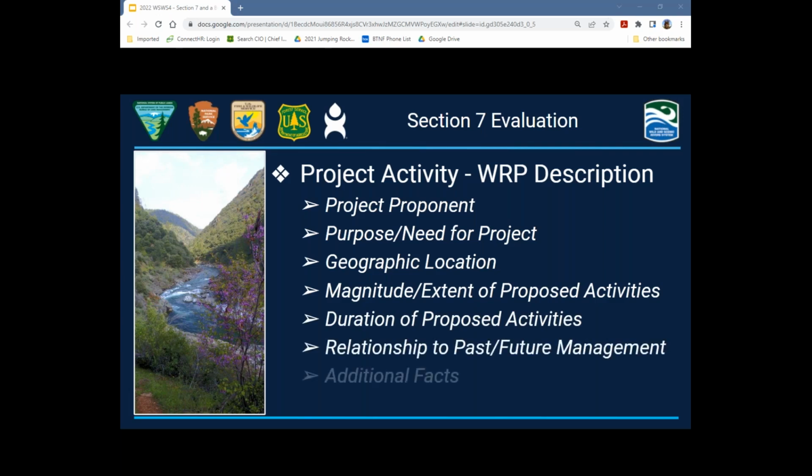Finally, describe any additional facts that will help with the analysis and evaluation, such as inventories and studies performed by the applicant in preparation for the project. Much of the information in the evaluation may come from the NEPA analysis for federal projects, or the information from the Section 7 evaluation may inform the NEPA analysis.